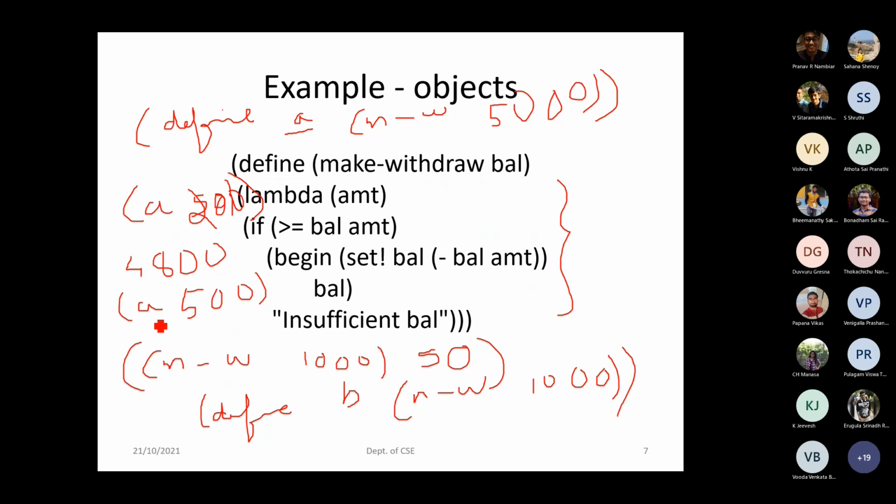Here your name is A, so you pass A and you pass the value 500. The only function we have defined is withdraw, so that is all you can do. 4,800 minus 500, you will get 500 in your pocket and your balance will be set to 4,300.